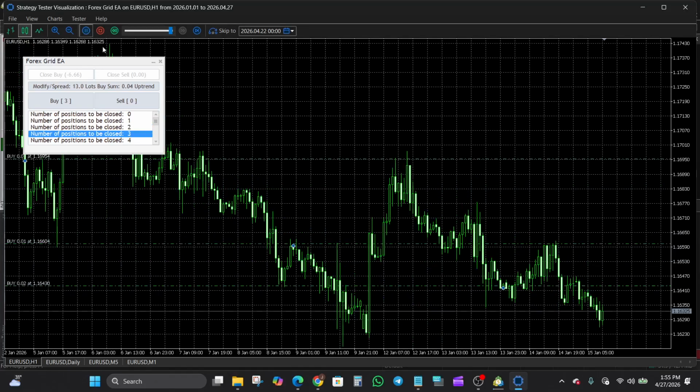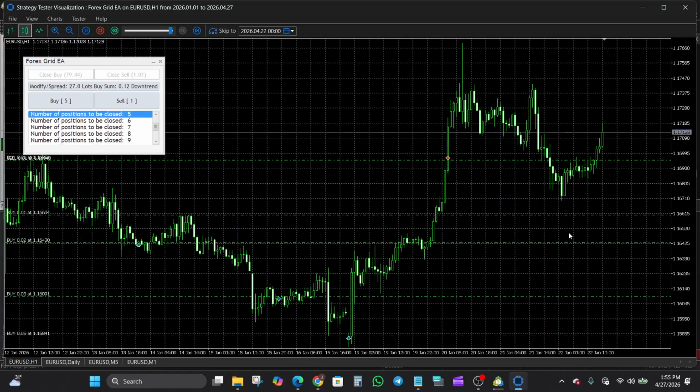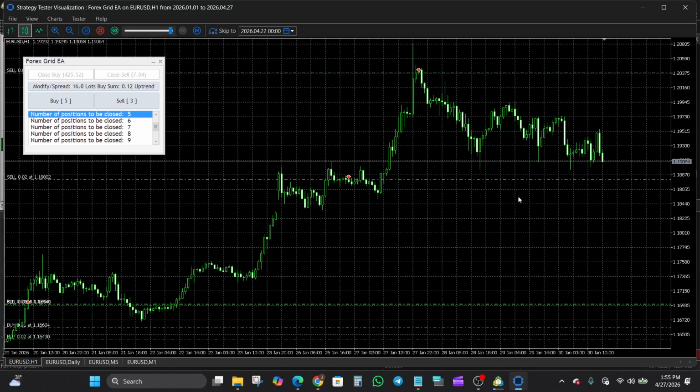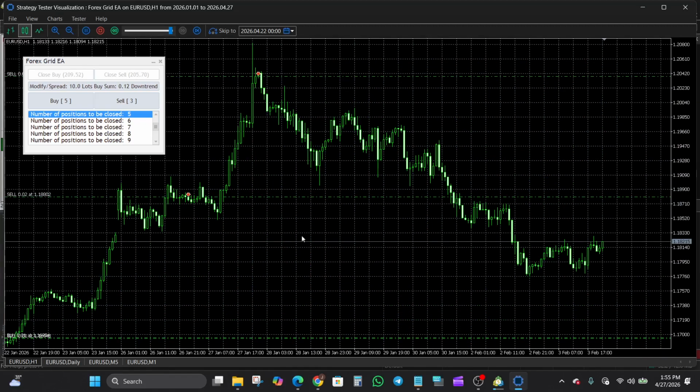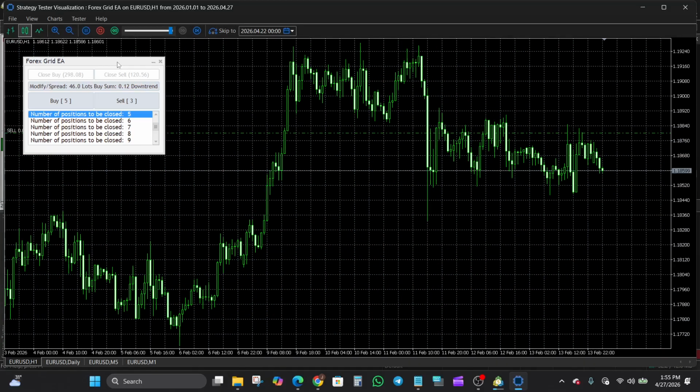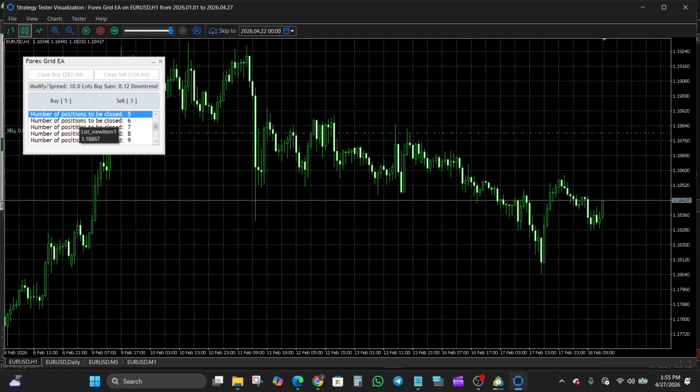Let's just continue. You can see that more trades have been executed, and trades can even be executed in both directions because we have sell trades executed here. You can also see this dashboard showing the number of positions to be closed. So this is quite interesting. As price moves into profit, you can see that the EA keeps on looking for opportunities in both directions, both buy and sell.